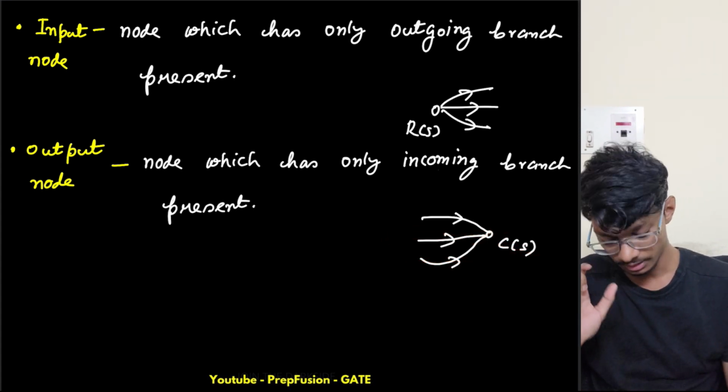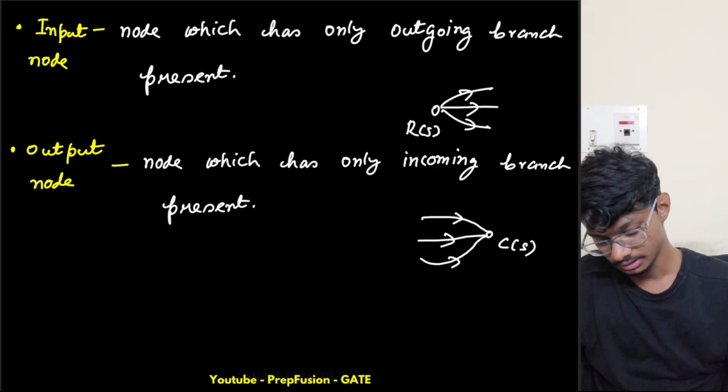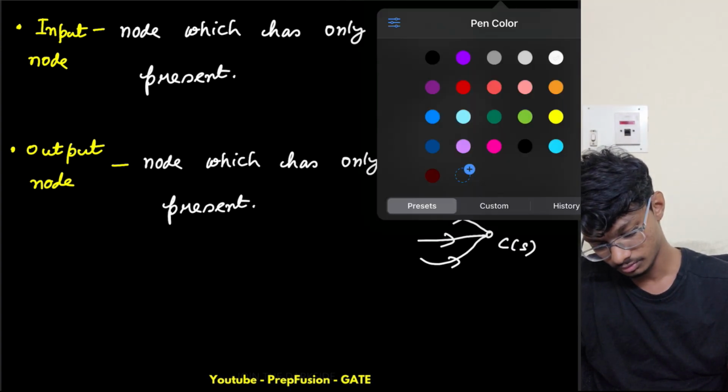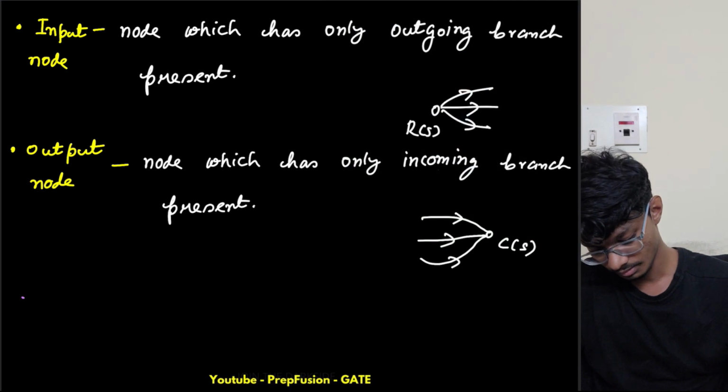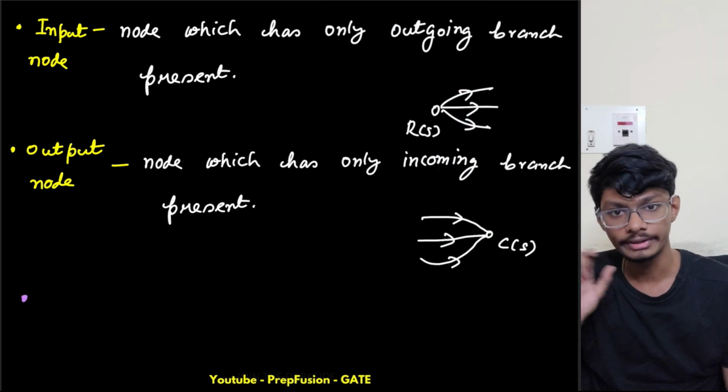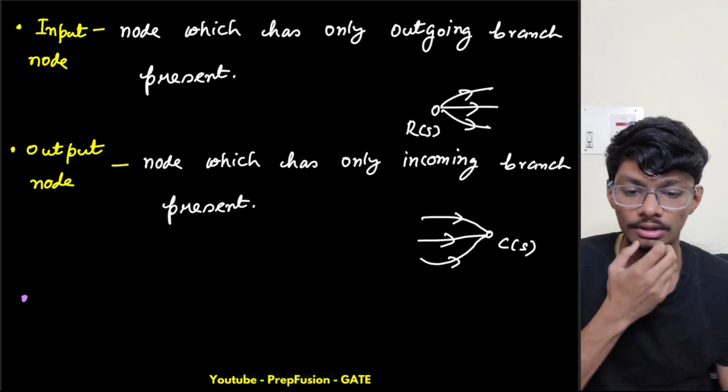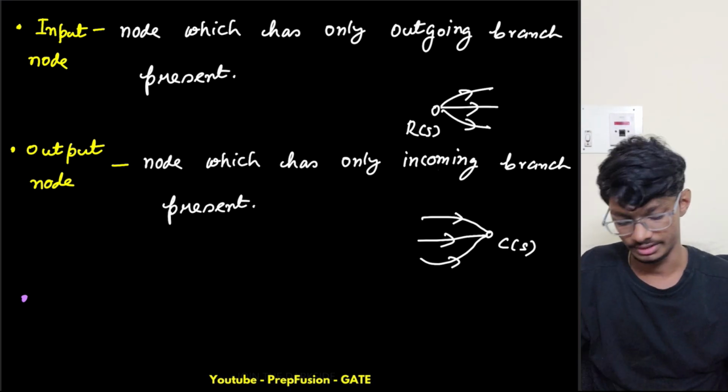One important side note is that a non-output node can be converted into an output node just by making a simple modification.